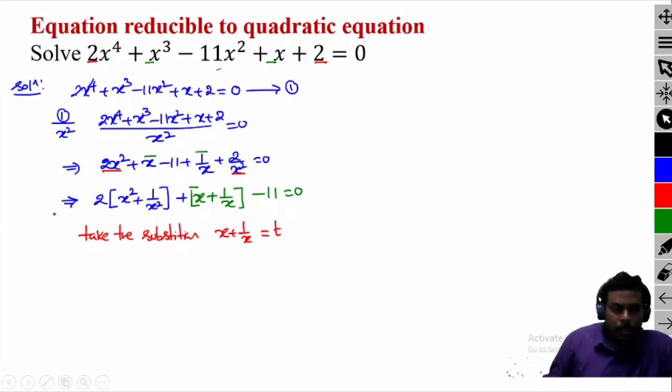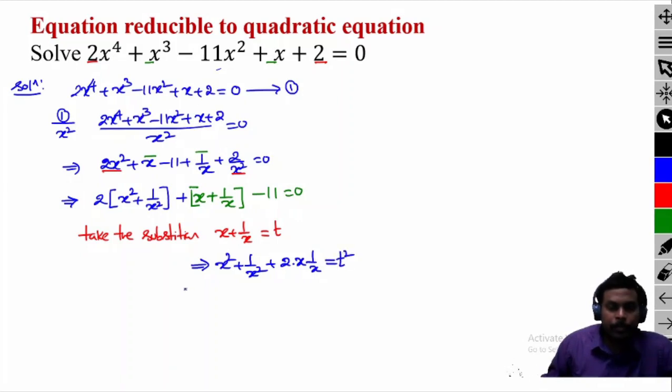This implies, upon squaring, we get x square plus 1 by x square plus 2 into x into 1 by x is equal to t square.